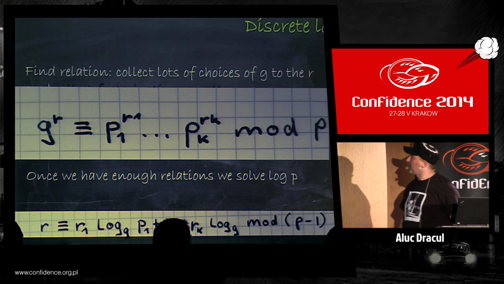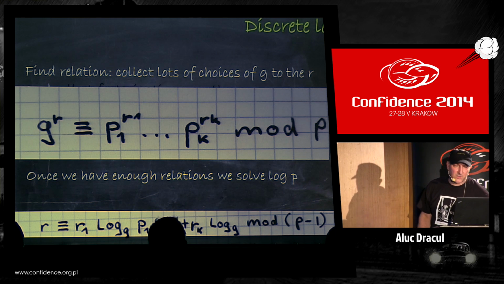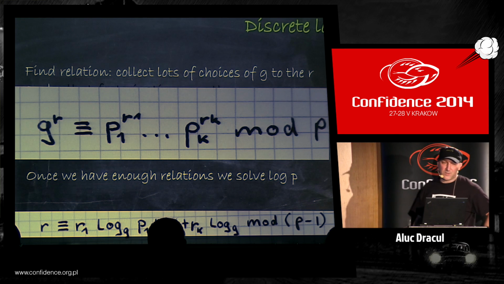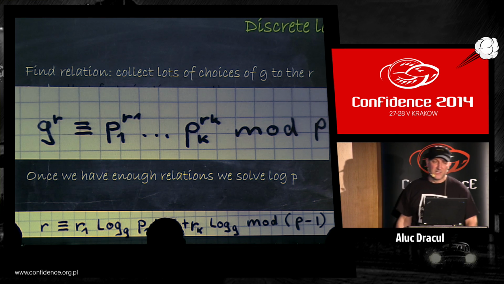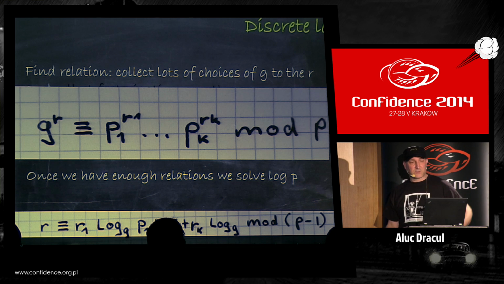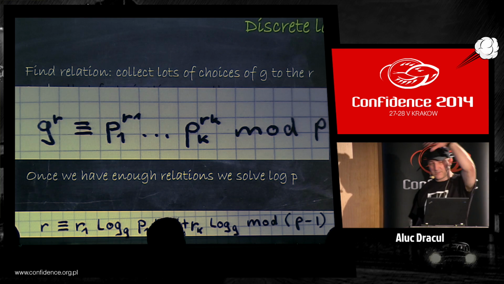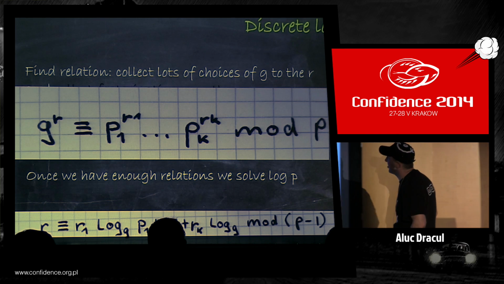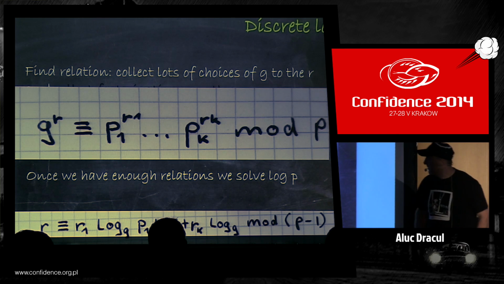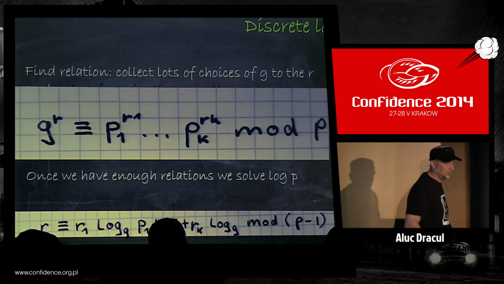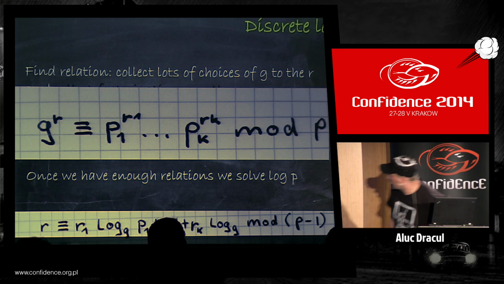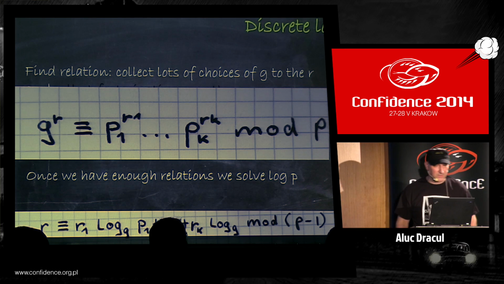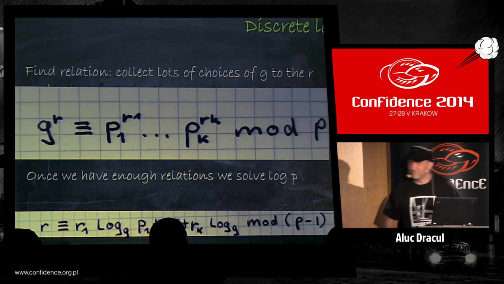So what we want to do is find relations to collect a lot of choices for the g to the r. So g to the r equals p1 to the power of r1 and so on until you reach pk to the power of rk mod p. If you have enough relations, we try to solve for log.